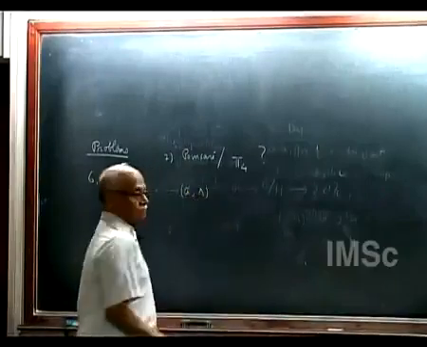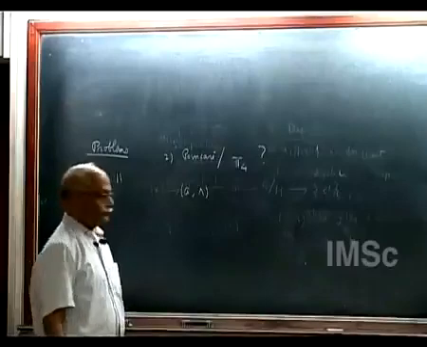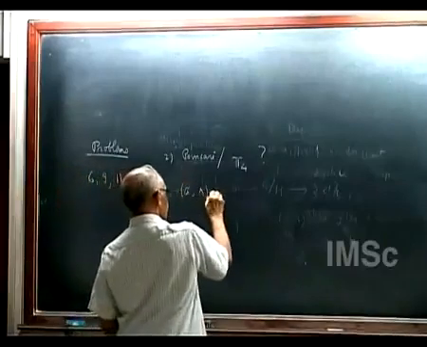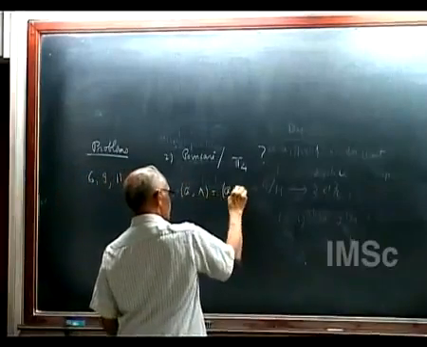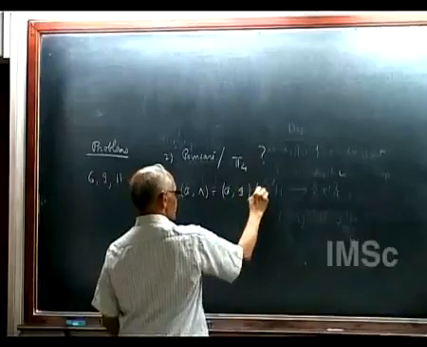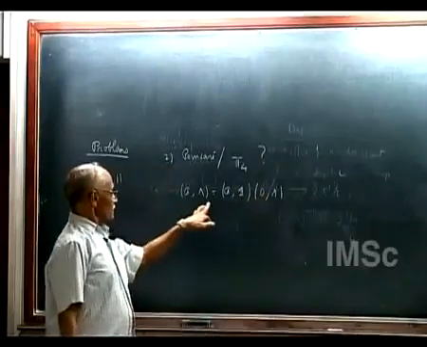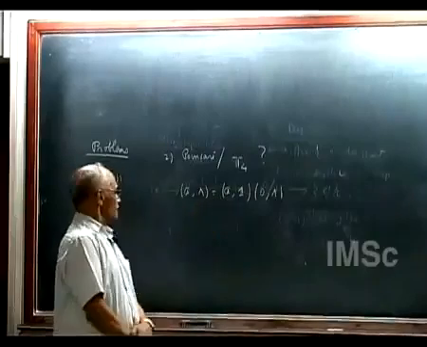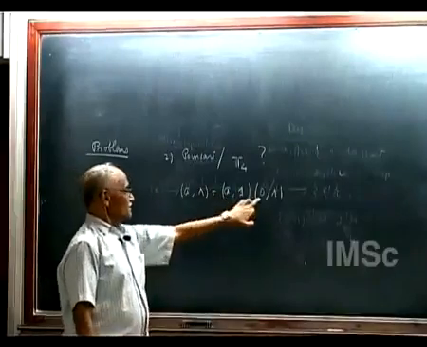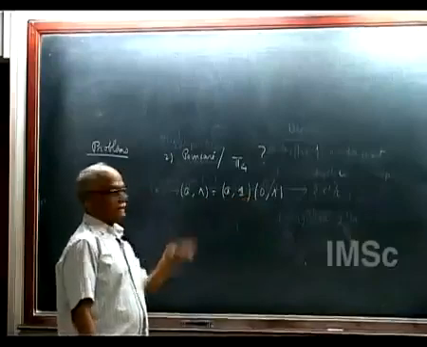anything like this, an element of the Poincare group, can be written as (A,1) times (0,lambda). You can check: A plus 1 0 which is A, 1 lambda which is lambda.